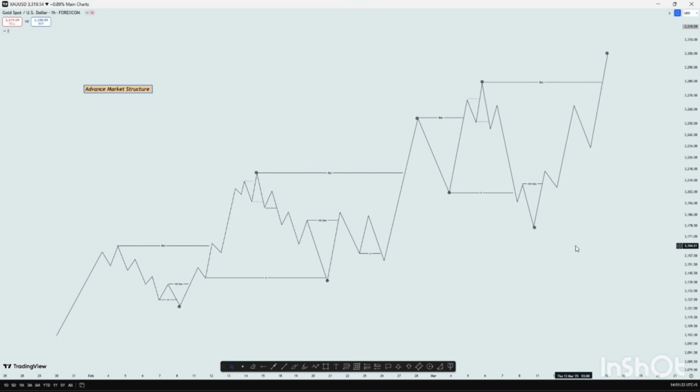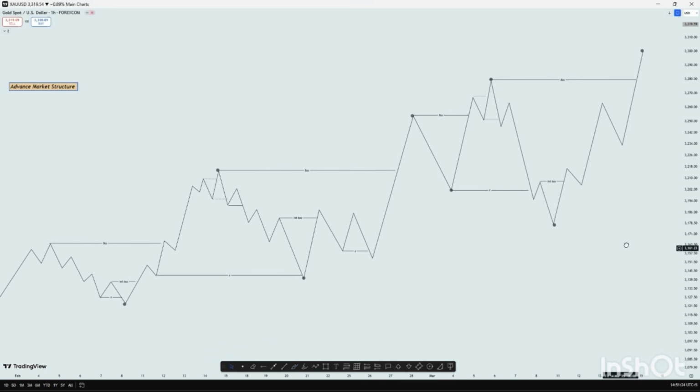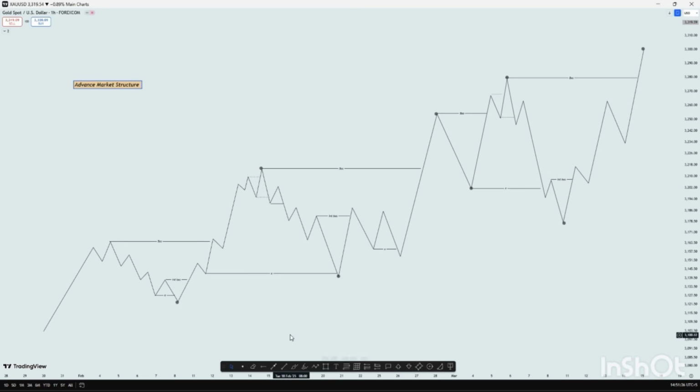Now what happens is that when the market breaks a high, suppose the market breaks a high in a swing, after that logically the market has to pull back. And how can we identify that pullback?